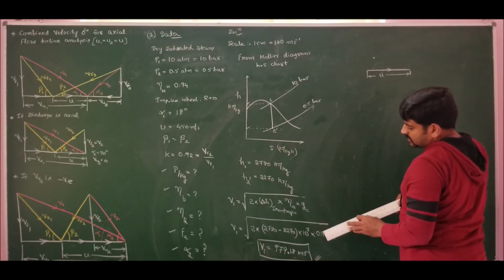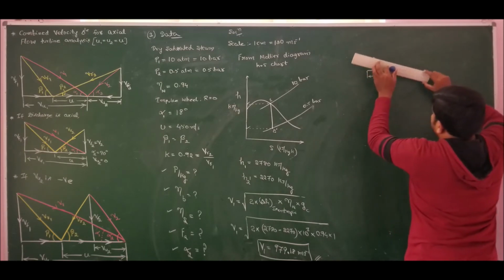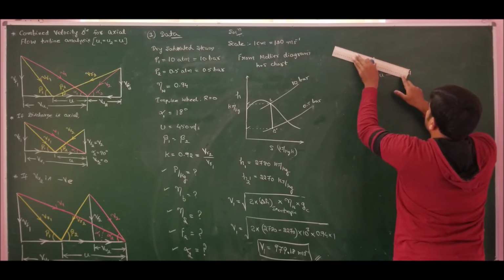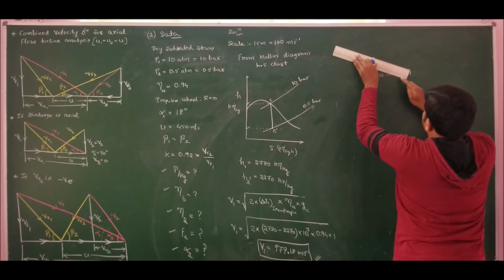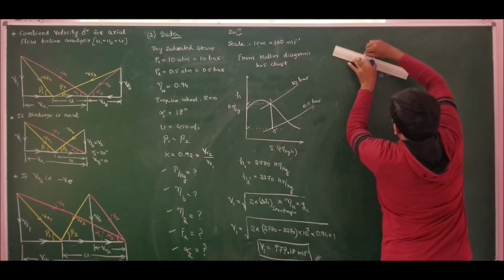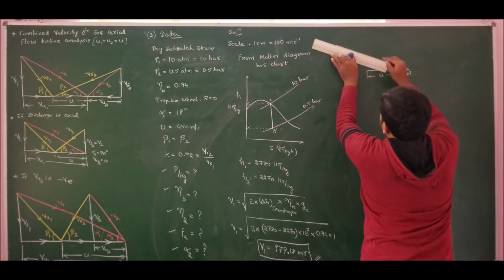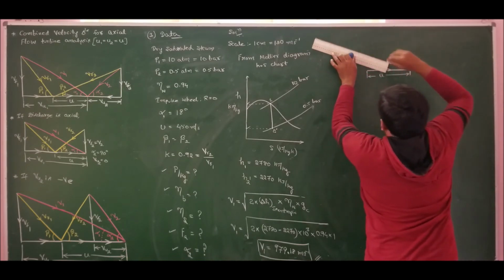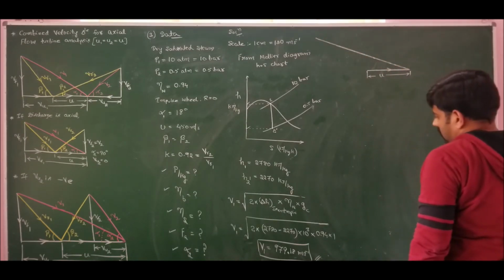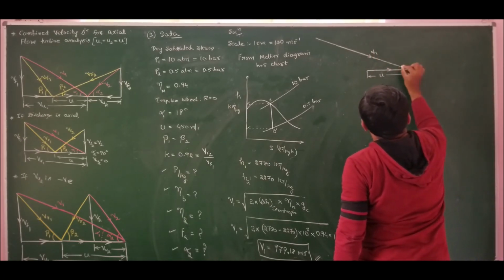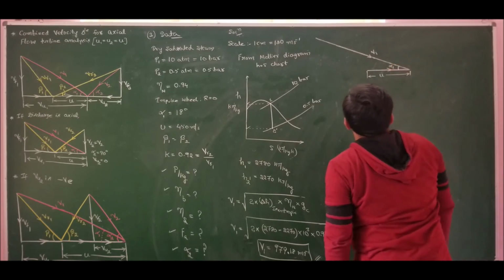V1 is 979, so it will become 9.8 centimeters. So draw 9.8 centimeters at an angle of alpha 1.